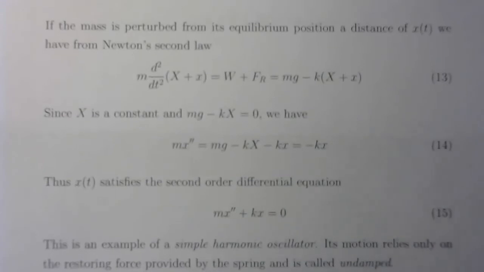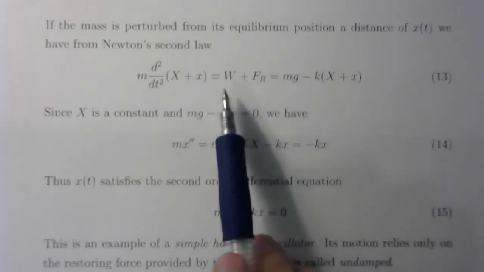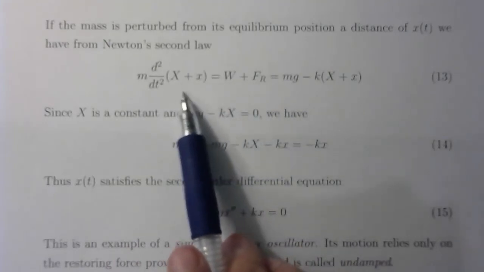The dynamics are governed by Newton's second law, right? F equals ma. The force is proportional to the acceleration, where mass is the proportionality constant. So we have something that looks like the second derivative of x times the mass, and then we sum up all the forces on the right-hand side. So what's the position?